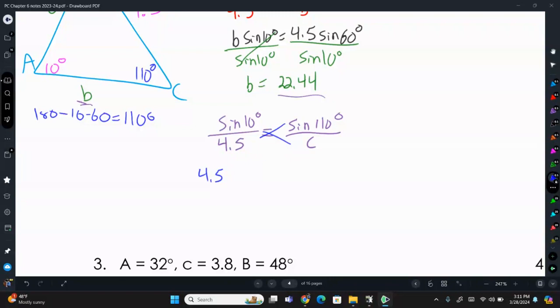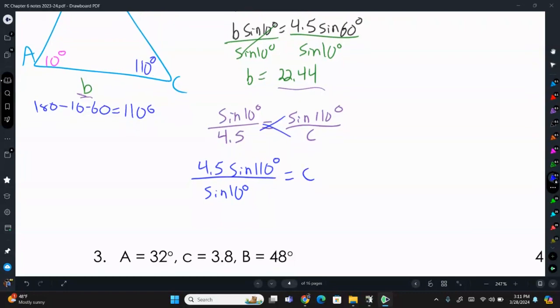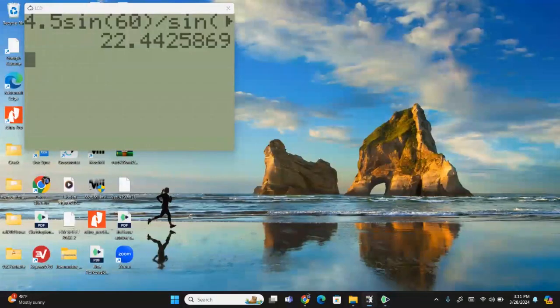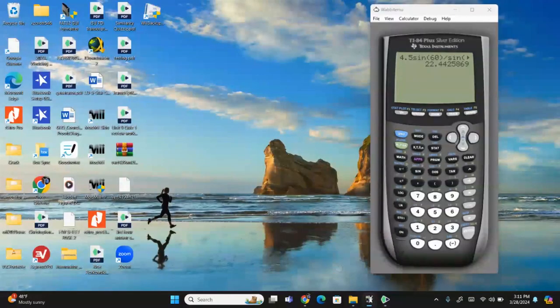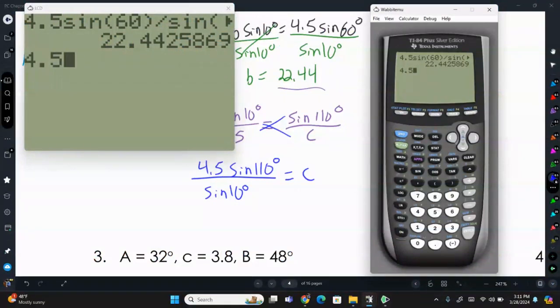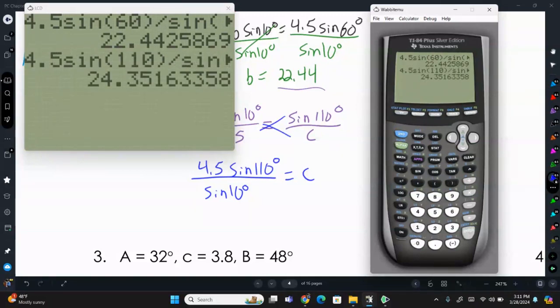So we have 4.5 times the sine of 110 degrees, and we know we'll have to divide by the sine of 10 degrees, and that will equal C. So in the calculator, 4.5 times the sine of 110 divided by sine of 10, and we get 24.35.